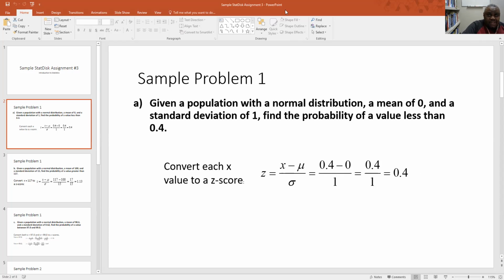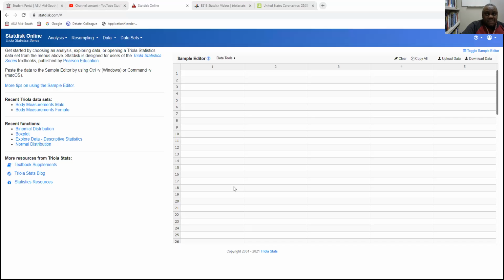So what we're going to do here is go to StatDisk.com. Okay, and this is the screen for that. And you have to log into StatDisk.com using your email address and the password that you created.